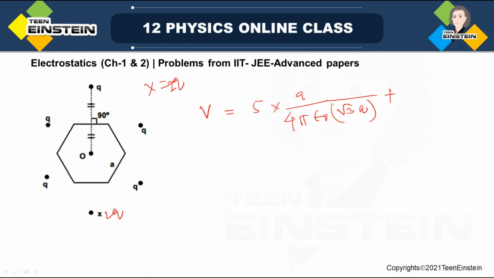Plus 2Q by 4 pi epsilon naught root 3 into A. So what do we get?